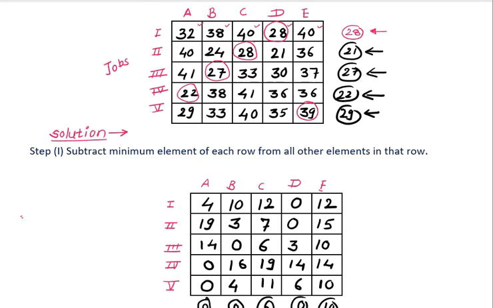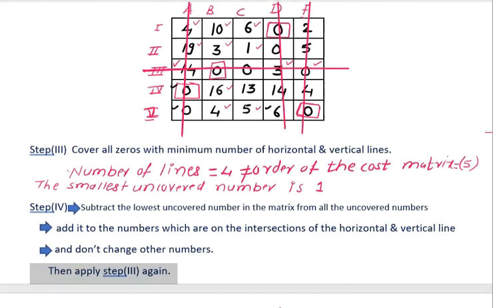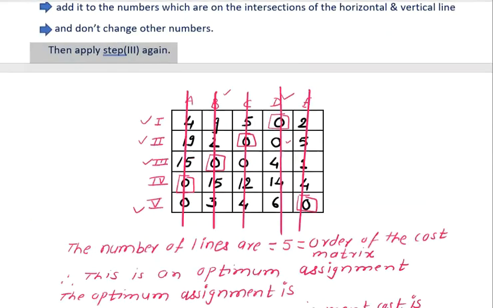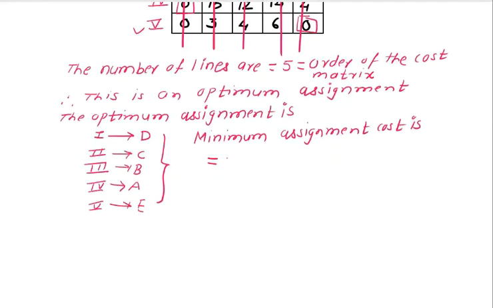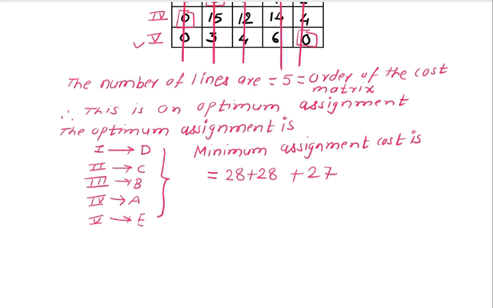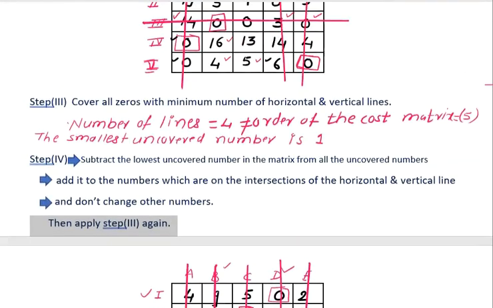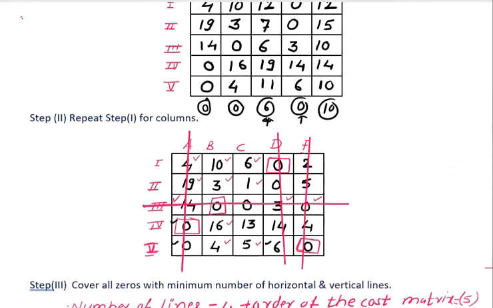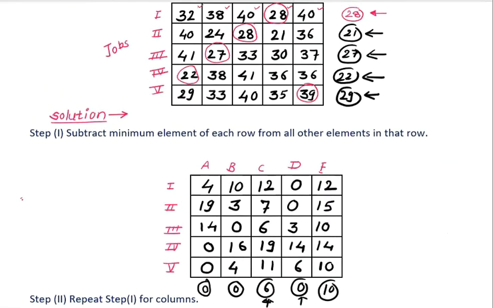So we add these numbers 28, 28 and 27. Then 22 and 39.